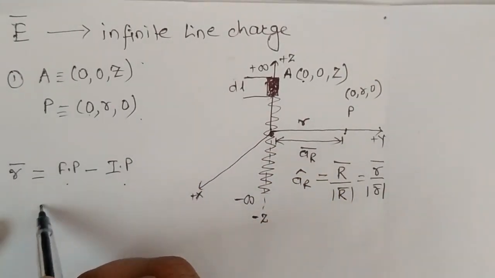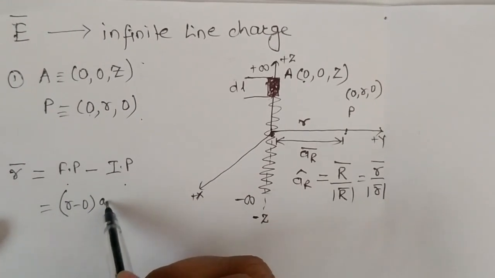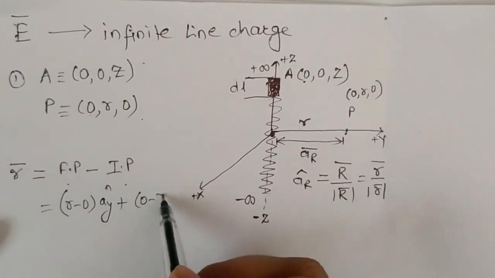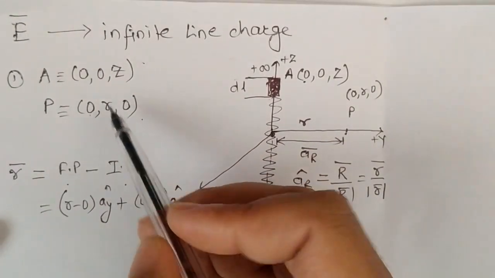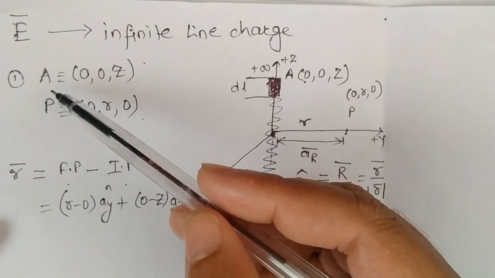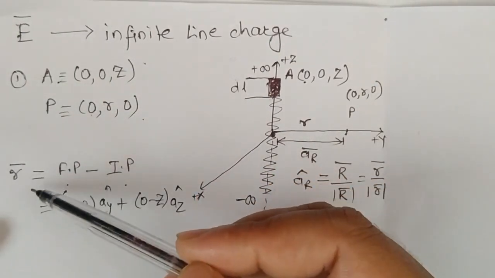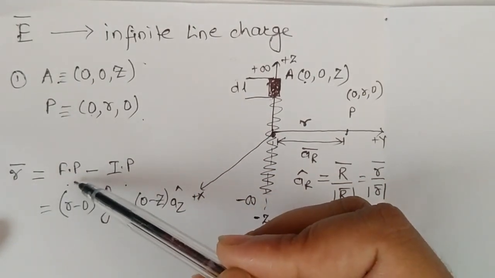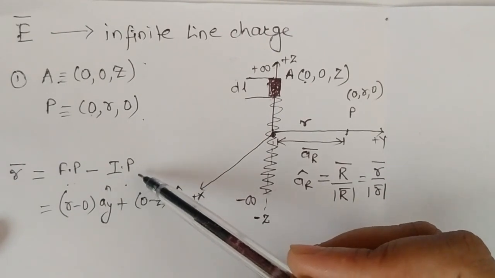Again it would be r minus 0 into a_y cap plus 0 minus z a_z cap. I am subtracting the point A from the point P, or we can calculate the vector value as the final point position minus the initial point position.